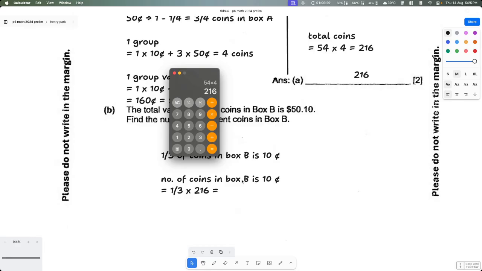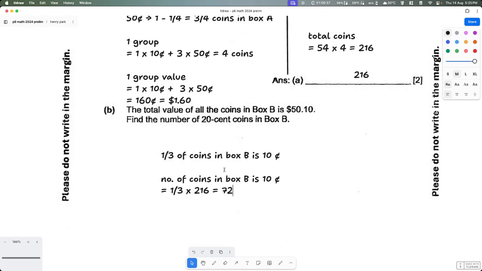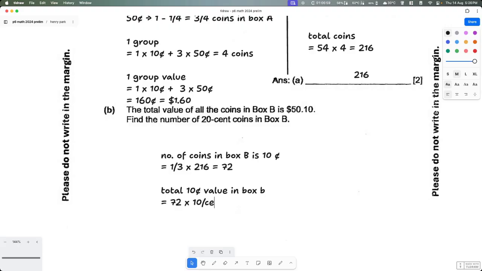So divide by 3, this will give you 72 coins. Okay, so total 10-cent value in box B is equal to 72 times 10 cents. And this will give you 720 cents or $7.20.